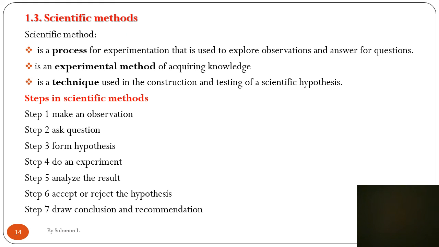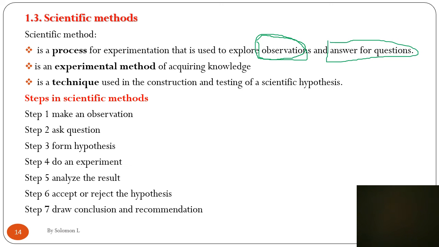The scientific method is the last subtitle of this chapter. The scientific method is a process for experimentation that is used to explore observations and answer different questions. It means by using the scientific method, we find different problems or observations that need different answers or solutions.